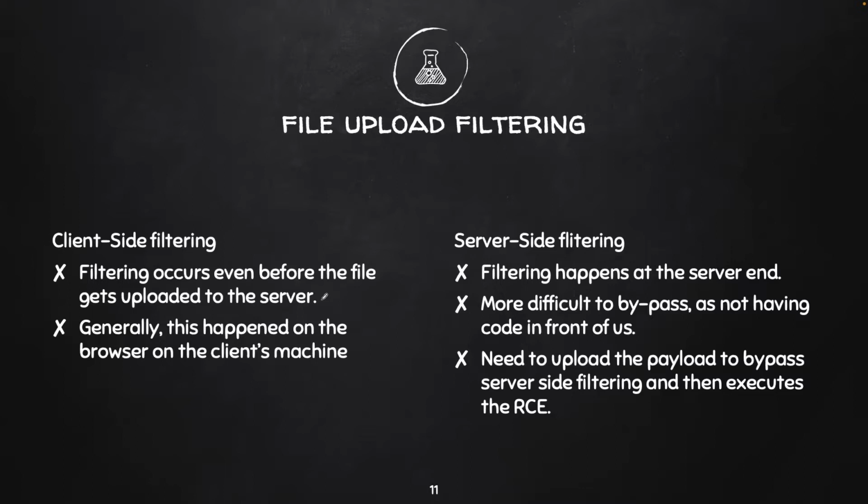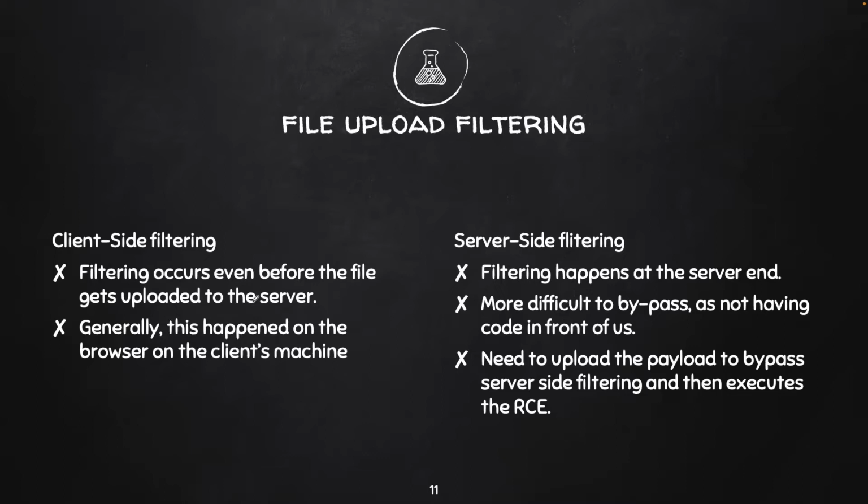Since this happens in the browser, which is located at the client, the user end, it is called client side filtering. And since we have not uploaded the file yet, these checks happen locally on the browser side, before the file gets uploaded to the server.